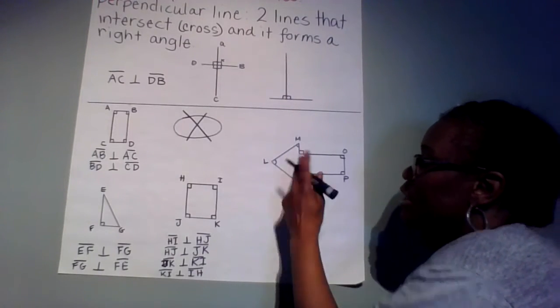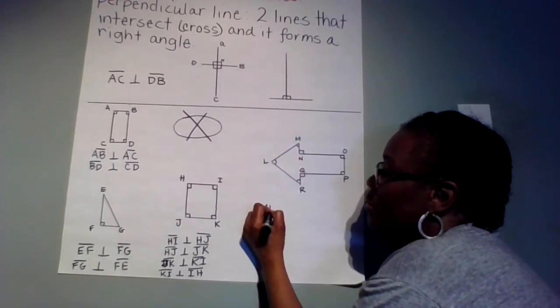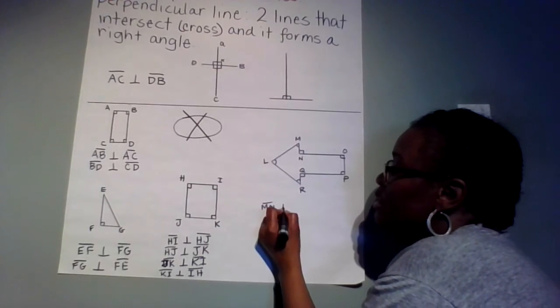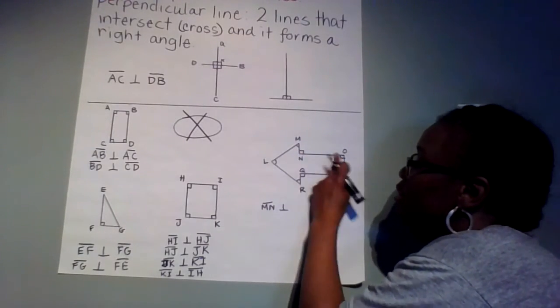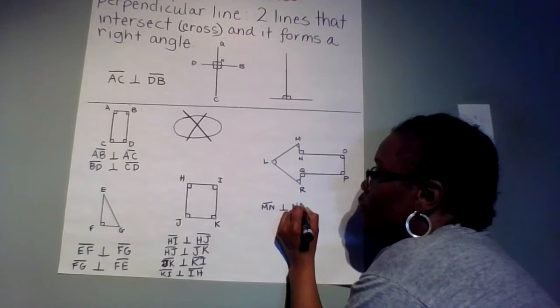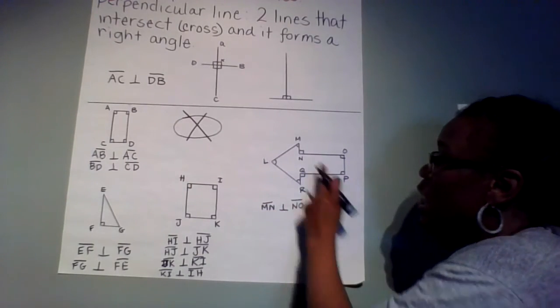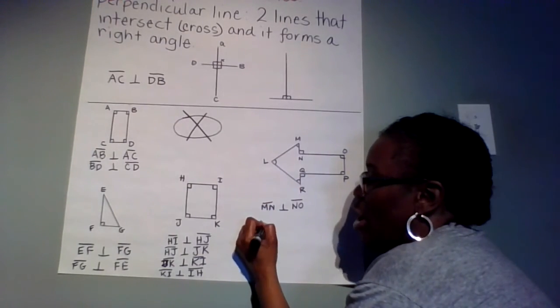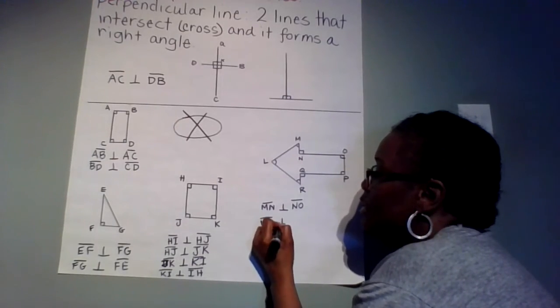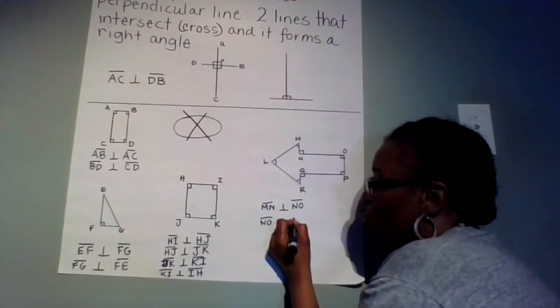So let's start here. I can say MN is perpendicular to NO. I can say now that NO is perpendicular to OP.